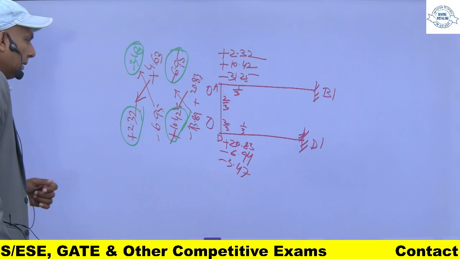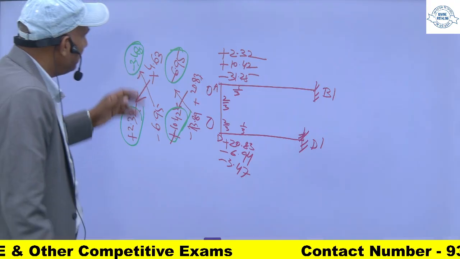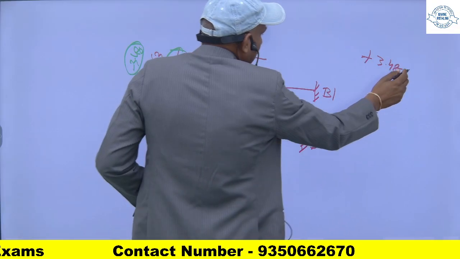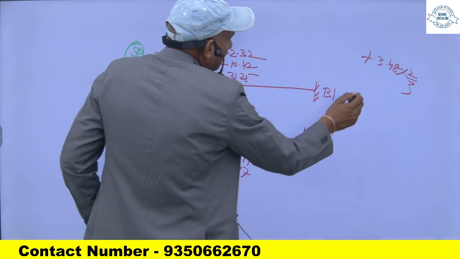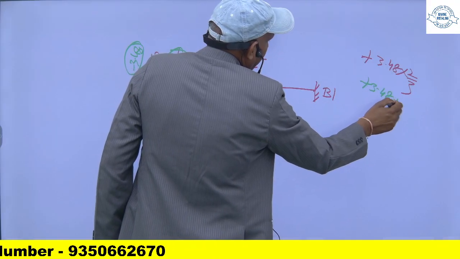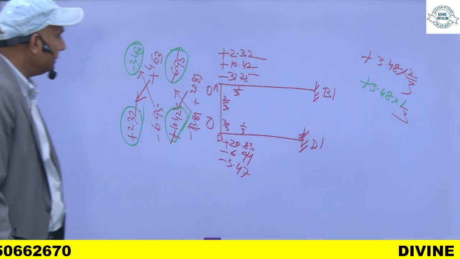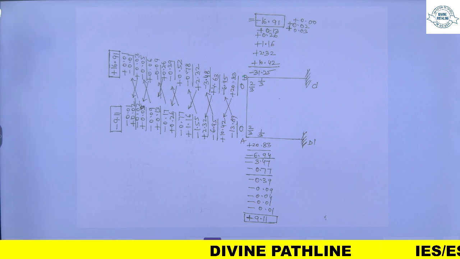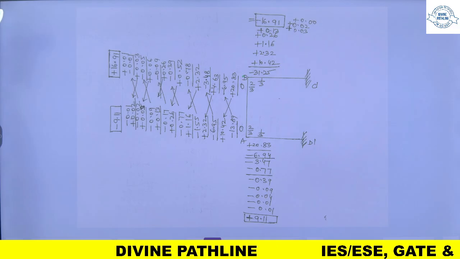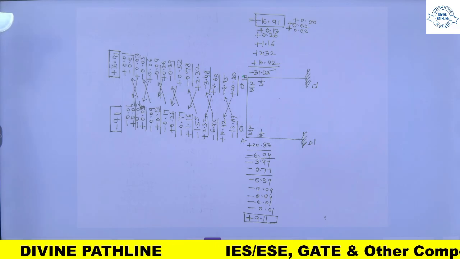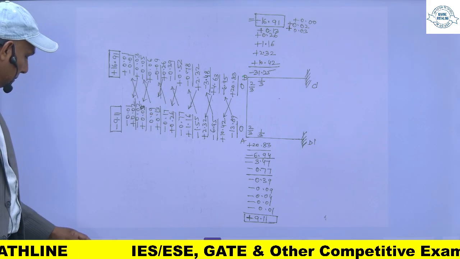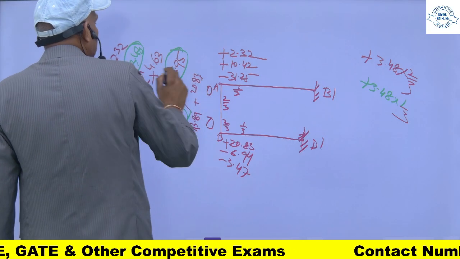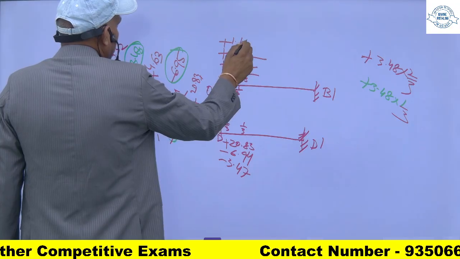What I will do? I will apply a correcting moment. So this will be plus 3.48 into 2 by 3 and for this member it will be 1 by 3. So I will get plus 2.32 and plus 1.16.